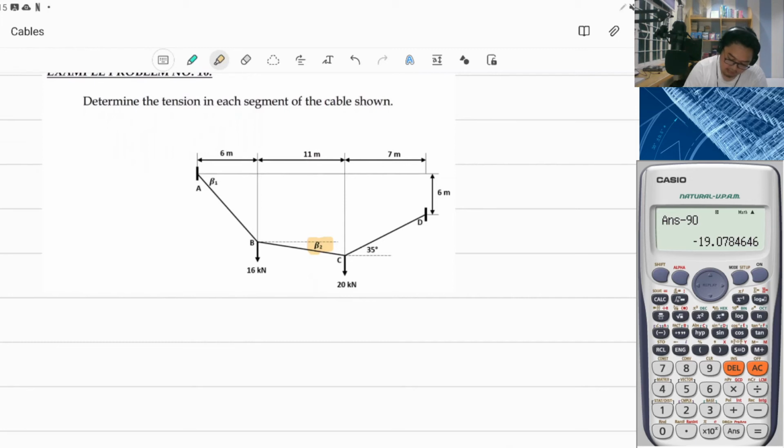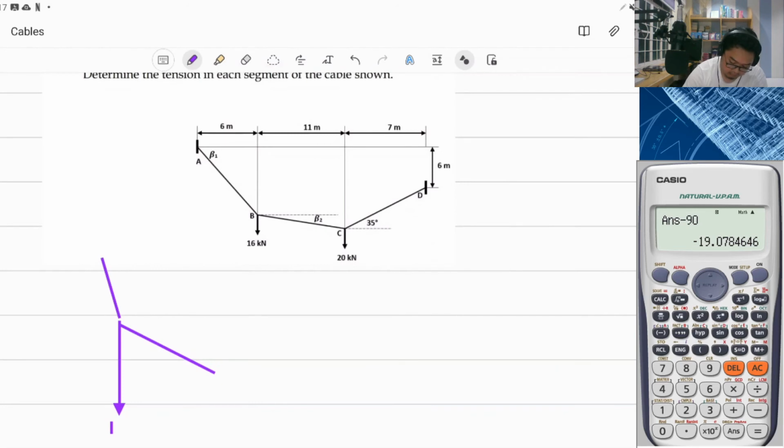So we have to draw the free body diagram of that. This is TBC. This is TAB. So we now have this angle.